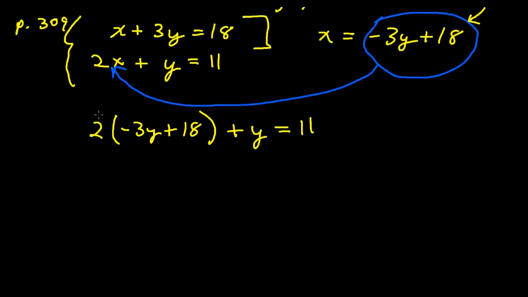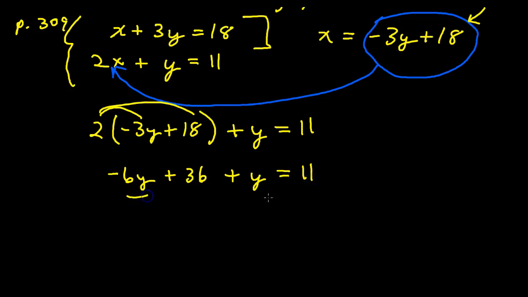All right, I'll multiply through by 2 here. Breaking out that y variable from parentheses, I get minus 6y plus 36 plus y equals 11. And of course, now I can combine like terms.